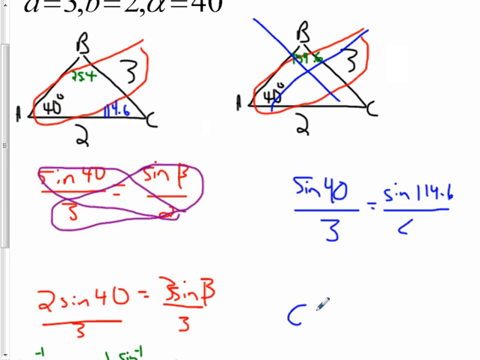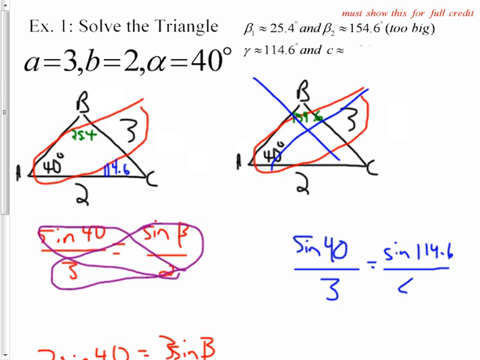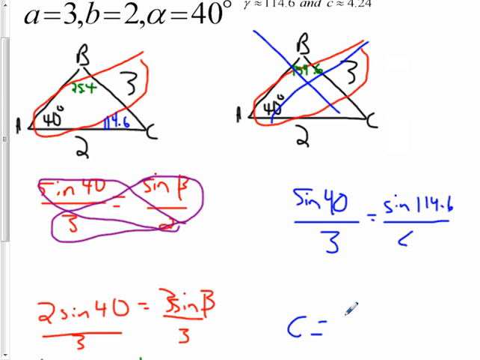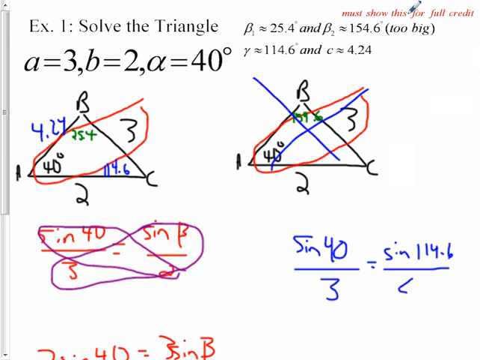And you would find that C should equal 4.24. So now we have all the side lengths, all the angle measures, and that's it.